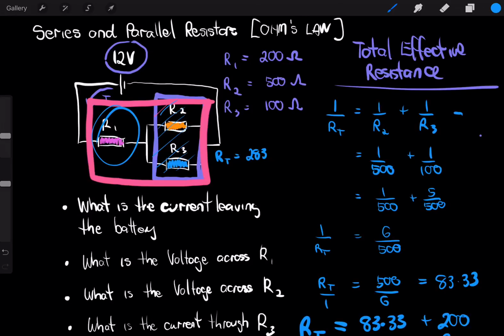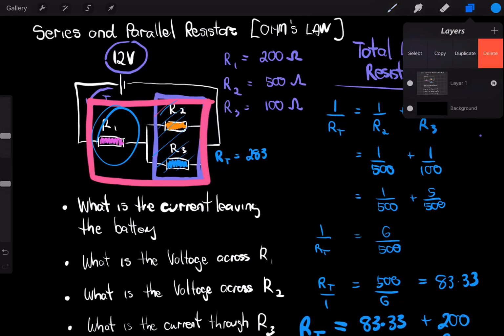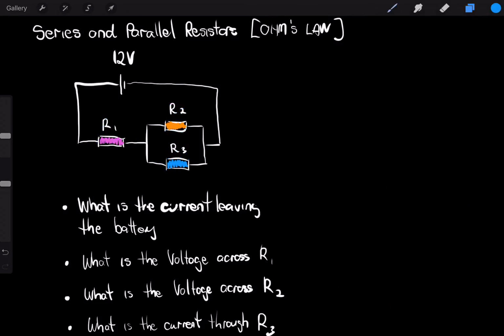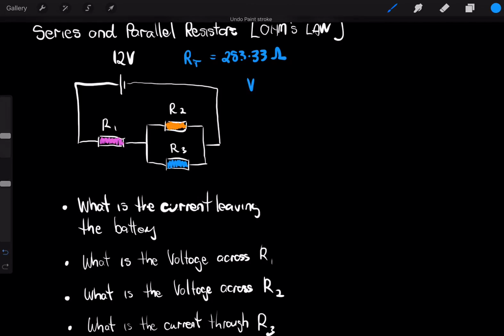Okay, so now we know the total resistance of the circuit. We can now work out the current of the battery using the global version of Ohm's law. That will be using V equals IR.